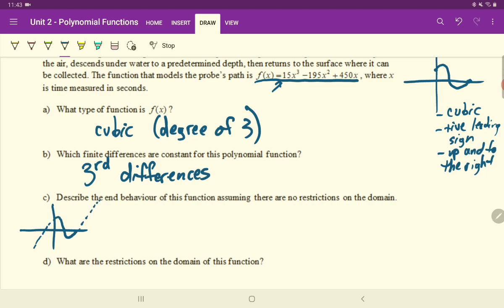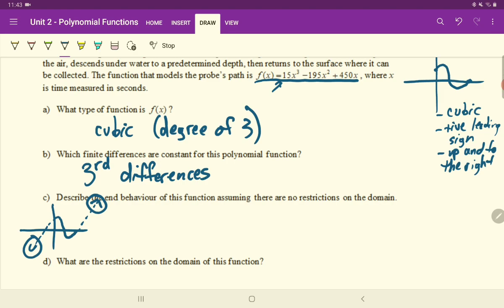It's going to be going up and to the right. It's a cubic function, so it's going to have at most 2 turning points, and here are our end behaviors, here and here.